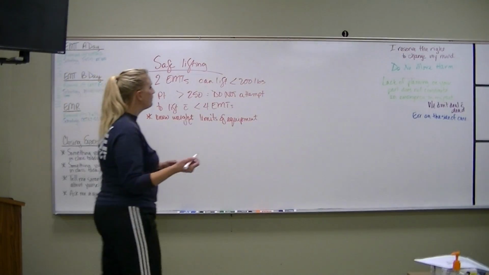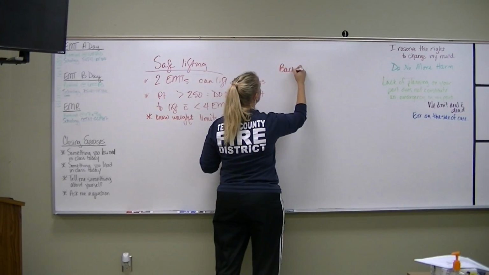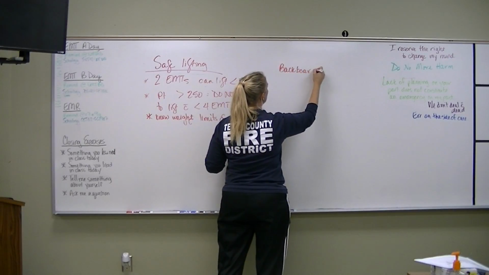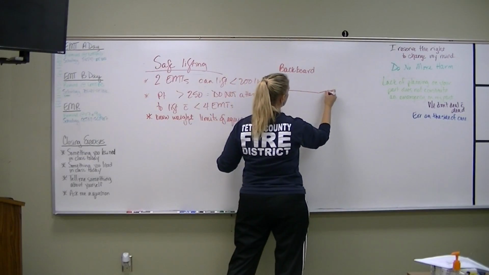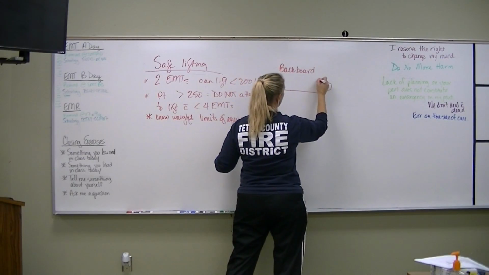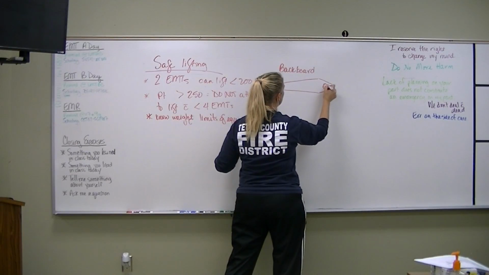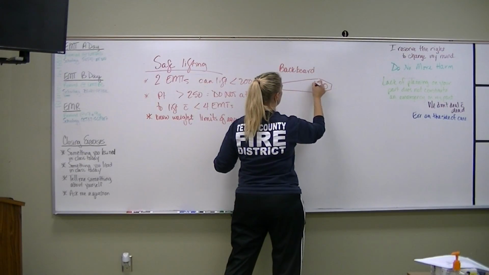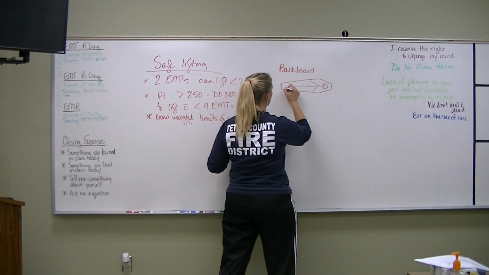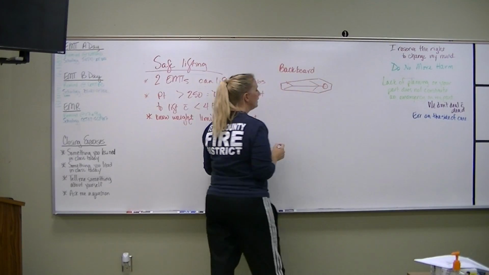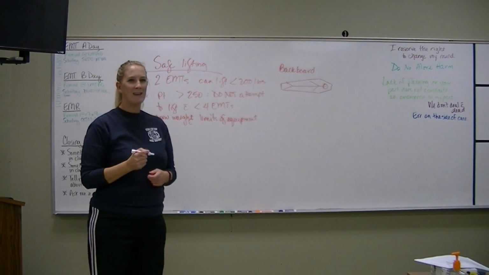If you're carrying a patient on a backboard, I'm going to draw a picture of a backboard and you guys are going to laugh because you're going to think it looks like a casket. Okay, you're carrying a patient on a backboard. I could put little fangs on him and then it would really look like a casket, right?